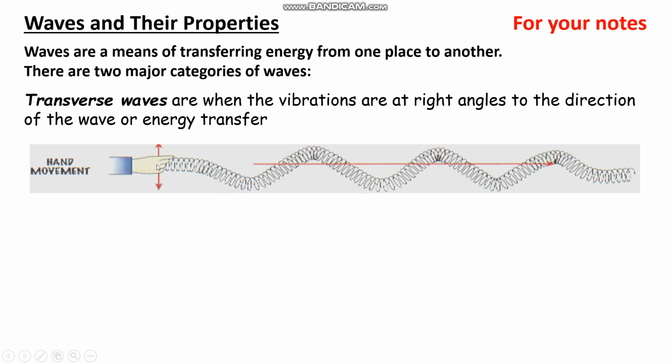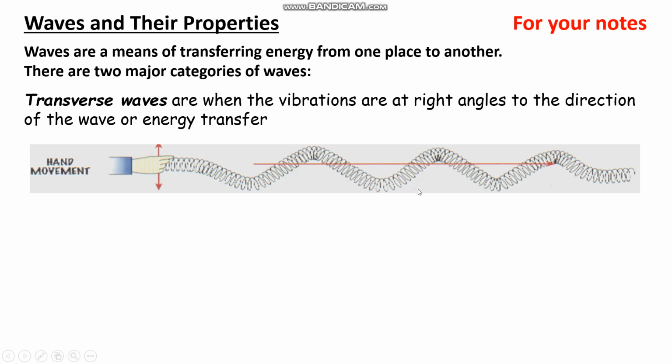When you move your hand up and down, the coils of the spring move up and down, but the wave that you produce is travelling at right angles to the direction in which the coils are moving. The wave and the energy associated with it is moving from left to right in the diagram. So that's a transverse wave.